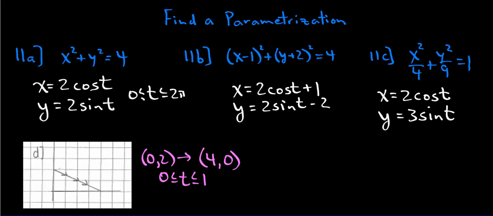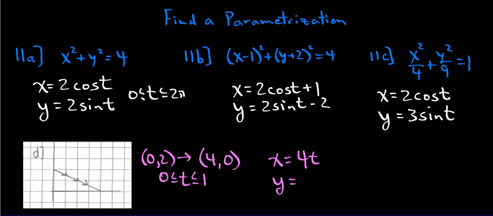This makes it easier for me. So, x and y. x starts off at 0 and it ends up at 4. So let me make that 4t, right? Because when t is 0, x is 0. When t is 1, x is 4. That's what I want.